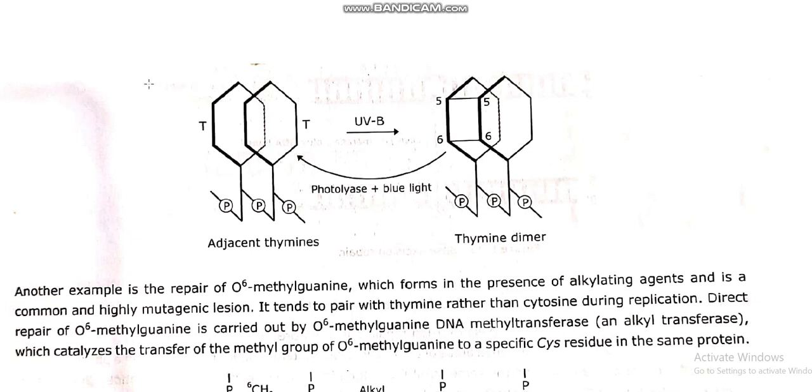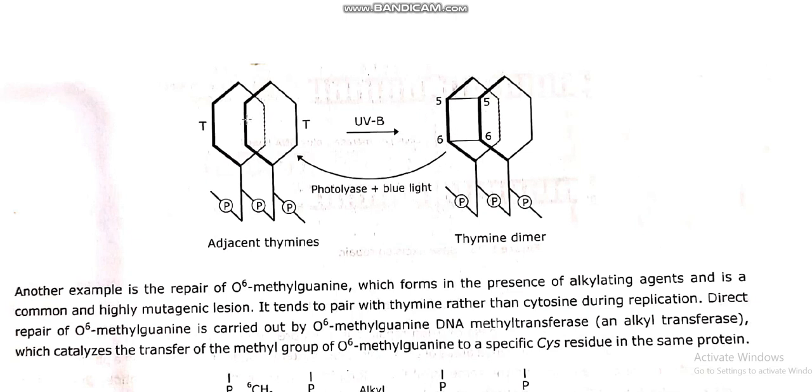If consecutive thymines are there, their affinity is not only in the phosphodiester bond, there is also a dimeric form, whereas normally they are joined only by the phosphodiester bond. So that will be a kind of damage, and it has an impact on the cell or the particular organism.